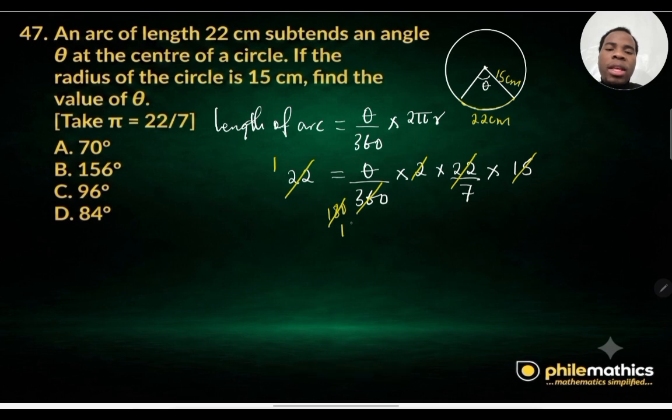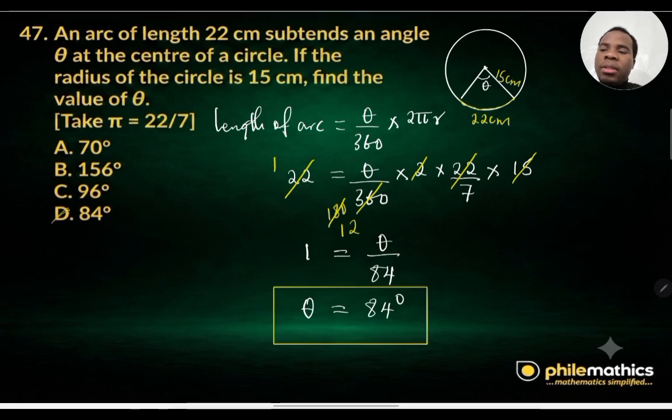Remember, 3 into 30 is 2. And so at the denominator we have 1, theta over 12 and 1 over 7. So we have 1 equals theta over 12 times 7 is 84. It means the theta we are looking for, if we cross multiply, is 84 degrees.